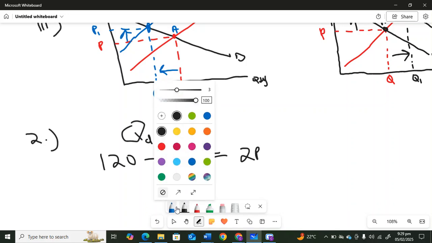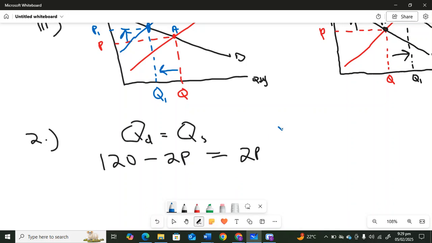And this is an important point. At equilibrium, the price the buyers pay is equal to the amount the seller receives. PB is the price the buyers pay, PS is the amount the sellers receive, the seller's price basically. So what you pay is exactly what the supplier gets.